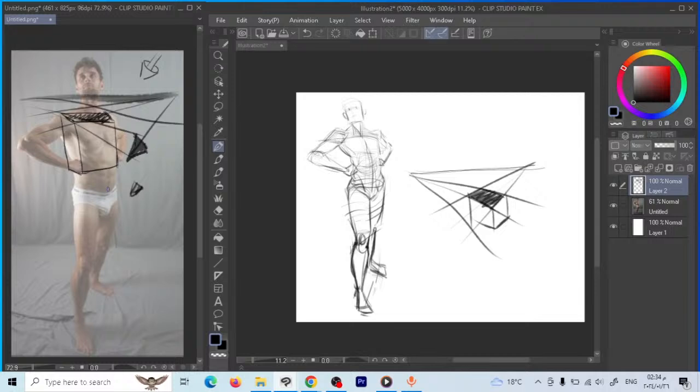See? Again. If it is down here, then that's not how the pelvis will look. This is not how the rib cage will look. It will be something like this.